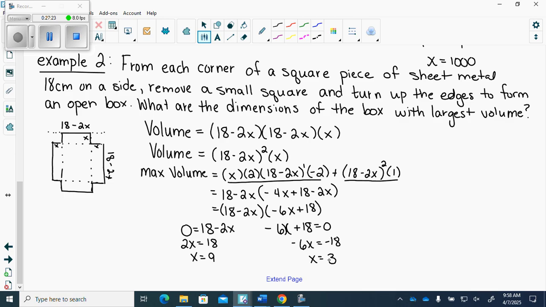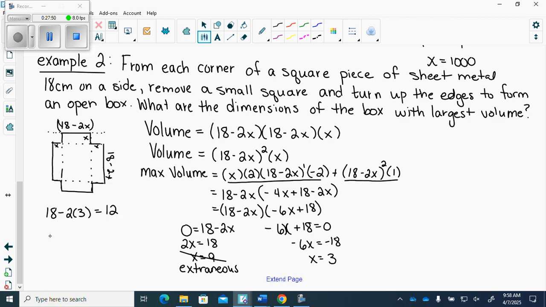Now you have to watch yourself just like you did in 30. If I use 9, what is the length and the width? 0. Can I have 0? No. So this would be extraneous. If I use 3, I would get 18 minus 2 times 3, which is 12.